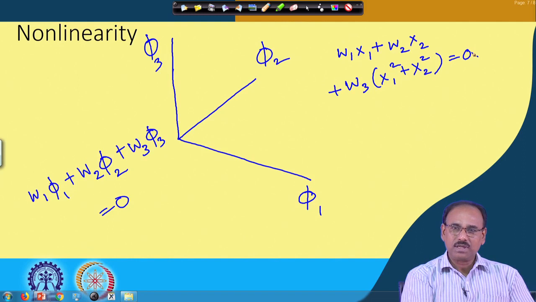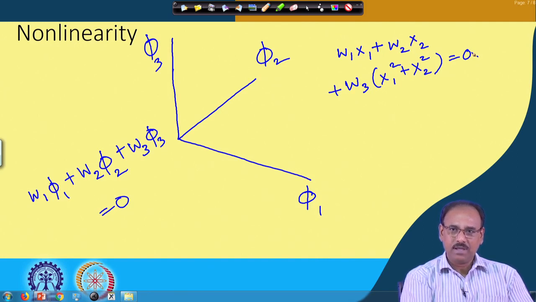So, I can also consider this equation to be an equation in W1, W2 and W3, where W1, W2 and W3 are the variables. Because the feature vectors given for training are fixed, I can consider x1 and x2 to be constants. Then this equation is a linear equation.